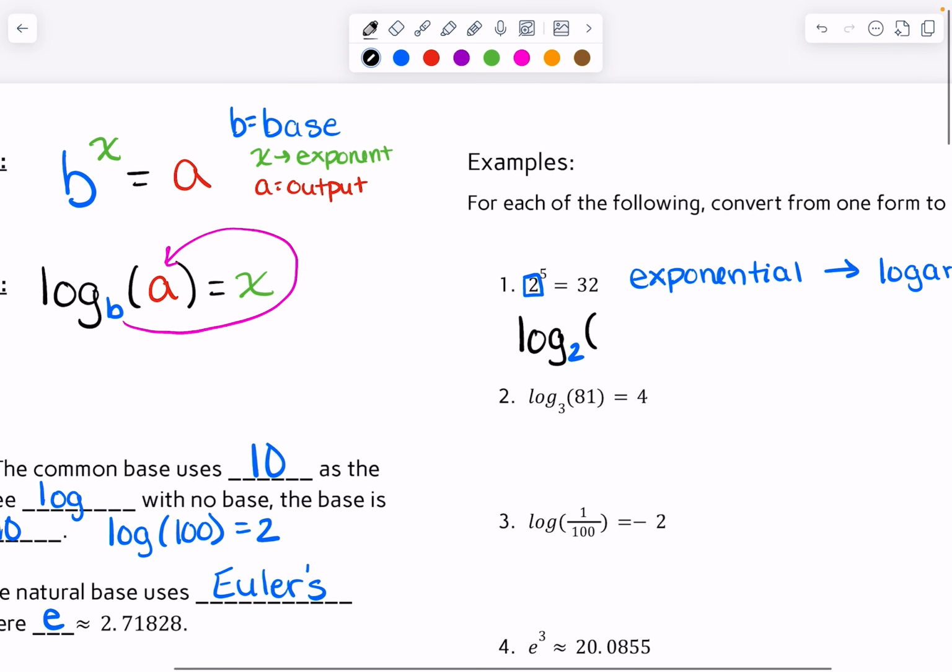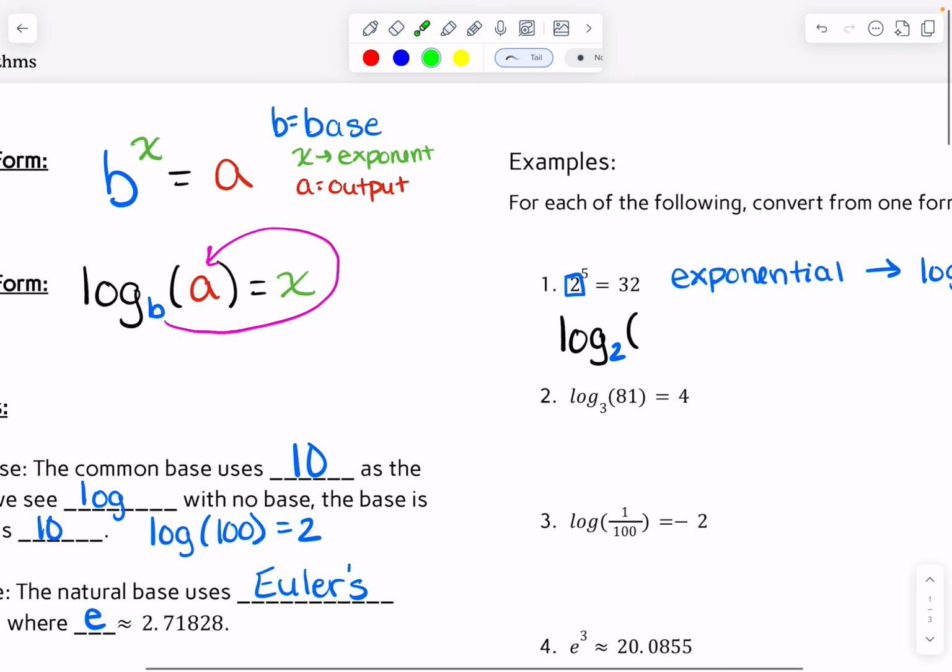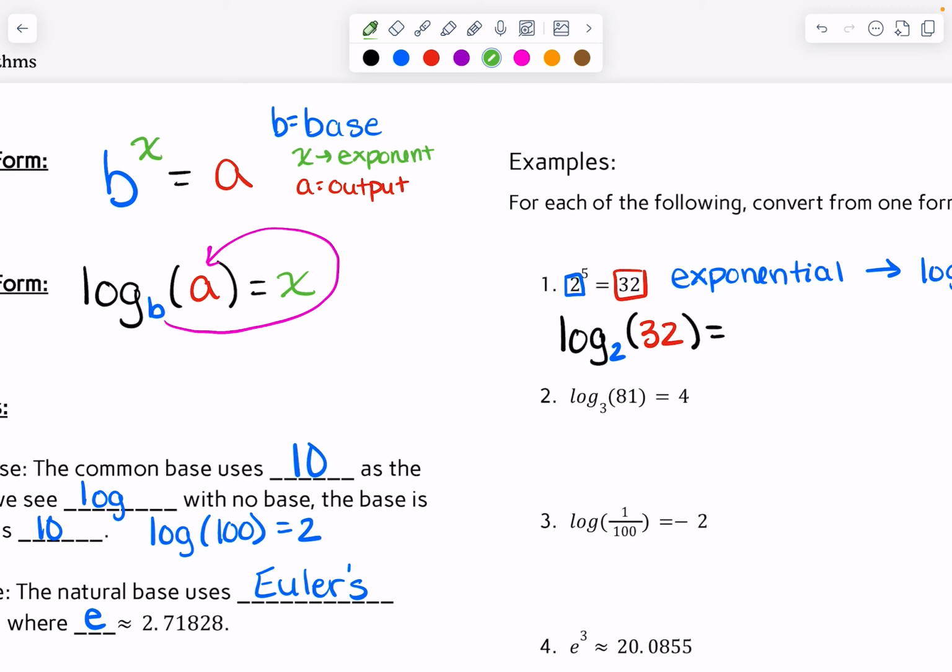If I'm using this format here, log base 2 of my output, which was 32, equals my exponent, and the exponent is 5. That's all there is to it. We just have to rewrite and be really careful with what goes where.